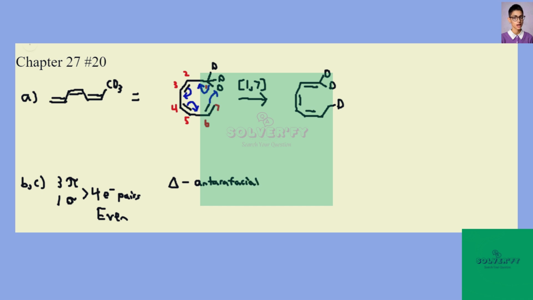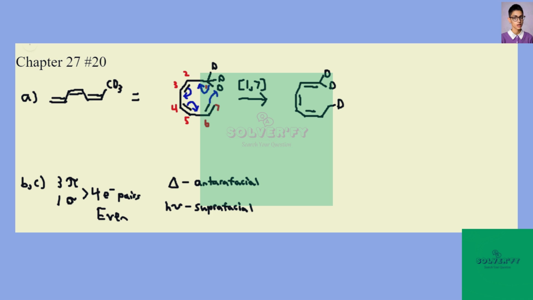And so we should also then know that since thermal conditions will give us antarafacial, photochemical conditions using light are going to give us a suprafacial pathway. Suprafacial. So that is the answer to parts B and C.